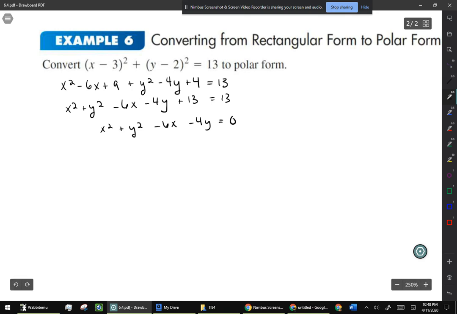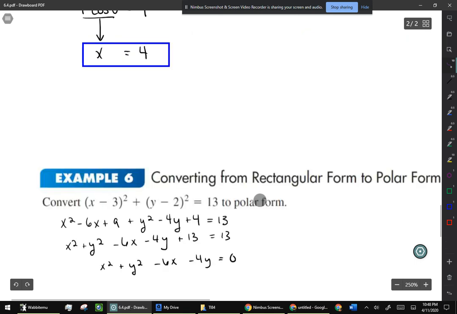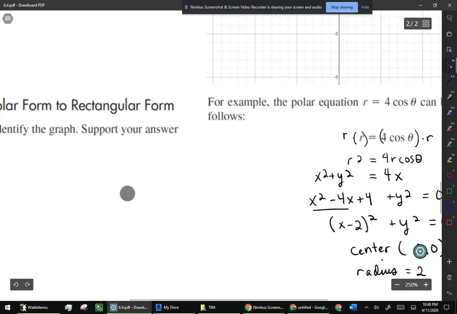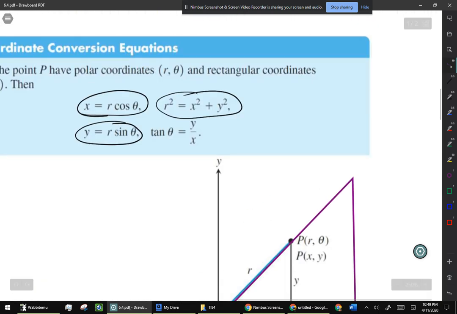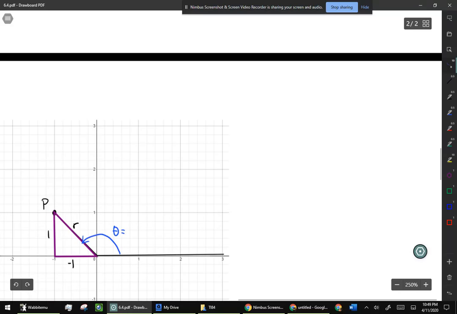Now, conveniently, x squareds and y squareds are grouped together, negative 6x and 4y. Let's take a look. X is equal to r cosine theta. Y's relationship is r sine of theta. And the radius here, that's its Pythagorean relationship to the x and y.